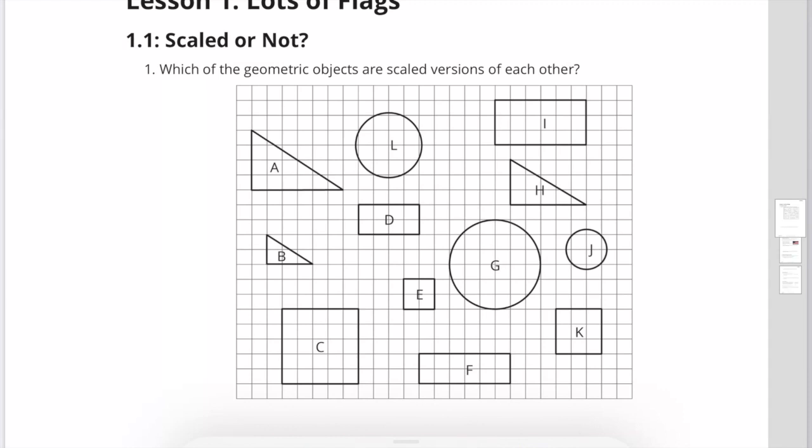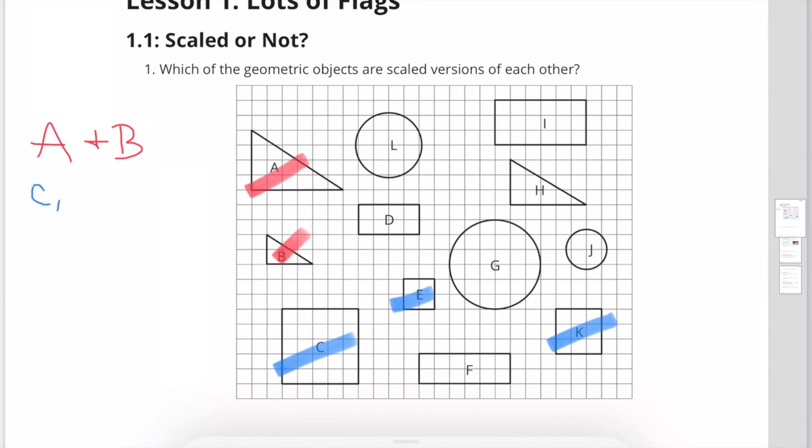Okay, so A and B are scaled copies. C, E, and K are scaled copies.